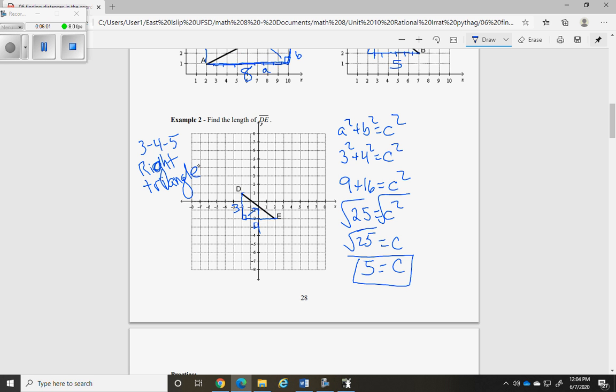Anytime you notice legs of 3 and 4, you know that the hypotenuse will be 5. So I actually give you permission, instead of plugging it into the Pythagorean theorem, if you notice it's this special 3, 4, 5 right triangle, as your work, you could say, oh, it's the special 3, 4, 5 right triangle, or you can call it a Pythagorean triple.